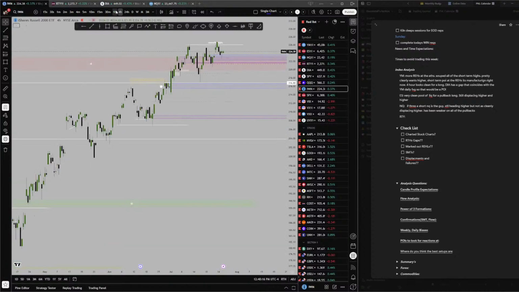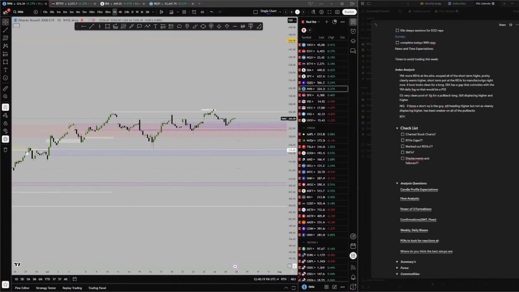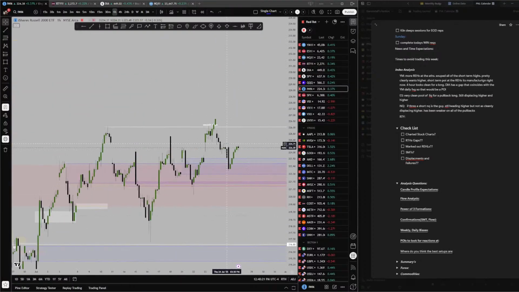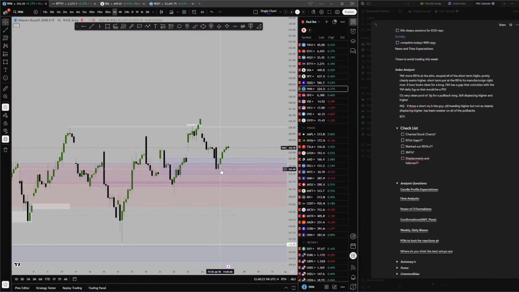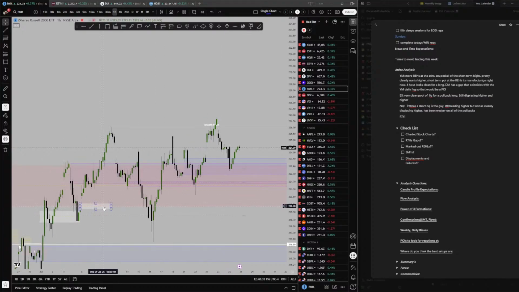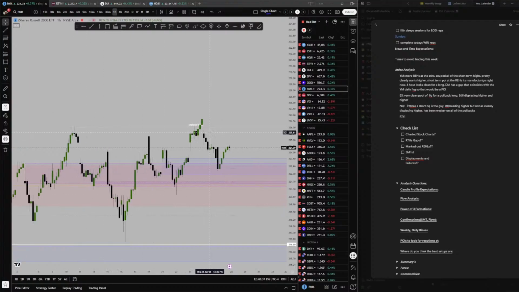IWM, maybe we're missing something. We got that sweep, we got that pullback. I mean, it's just returning back lower. There is a gap here, though.